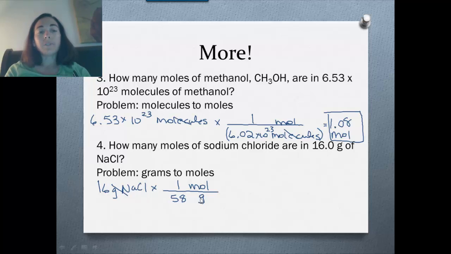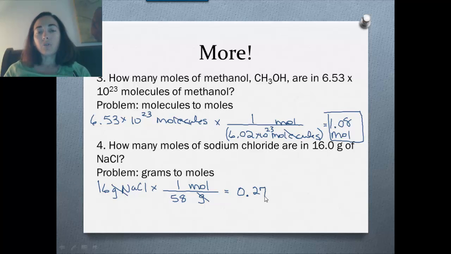So the grams here cancels with grams here. That seems easy enough. And we're going to say 16 times 1 divided by 58 in a calculator. You do get a really long string of decimals for your answer, but I want you to do a little bit of rounding here. We're given 3 digits in our given number, so I want you to use 3 in your answer.